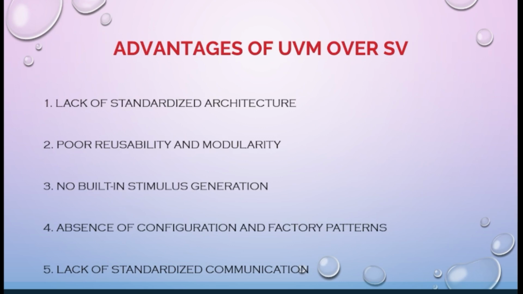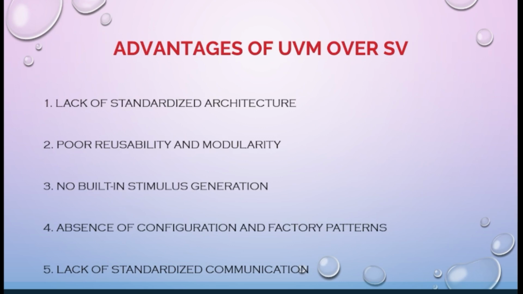Now the third is no built-in stimulus generation. SV is always limited to some basic initial blocks or some randomization loops. We don't have any built-in stimulus generation in SV, but in UVM we have built-in sequence libraries.